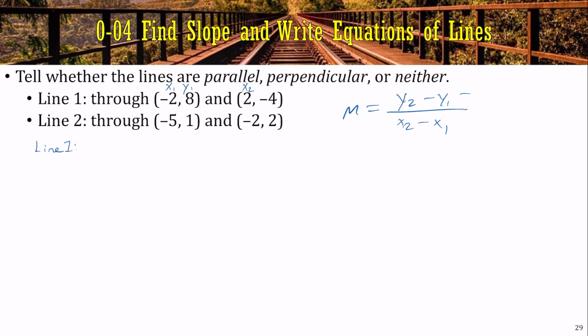The second point, x2, y2. All right, so y2 is -4. I'll just call the slope 1. y1 is 8. x2 is 2. x1 is -2. So it's -12 over 4, because remember, minus a minus is a plus. Looks like it's -3.